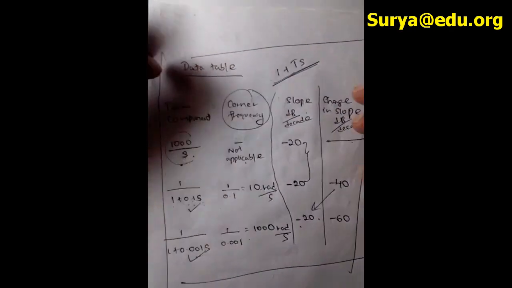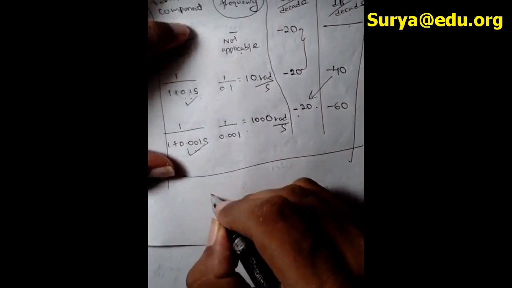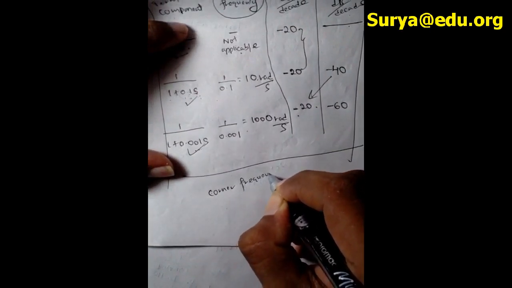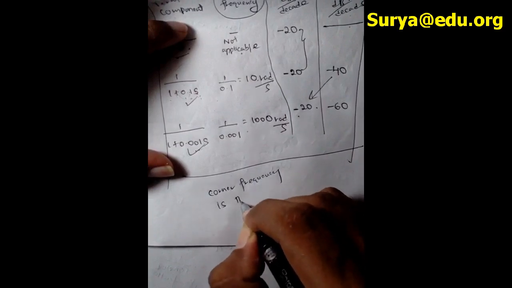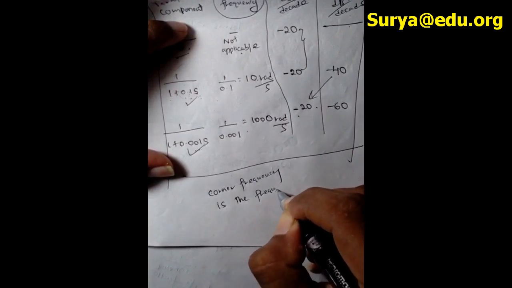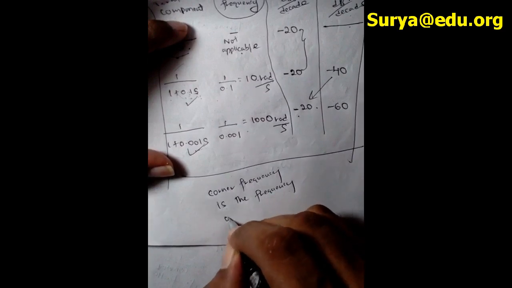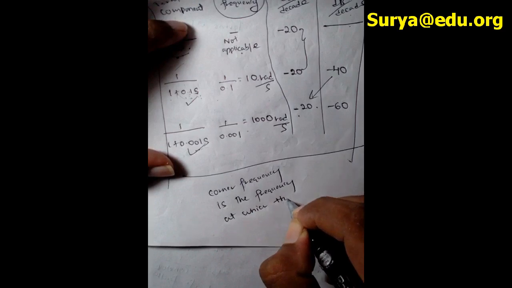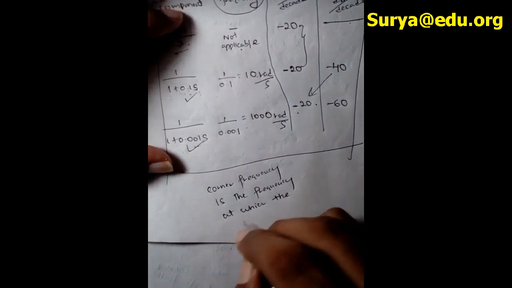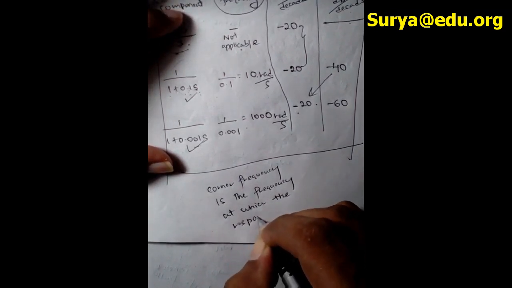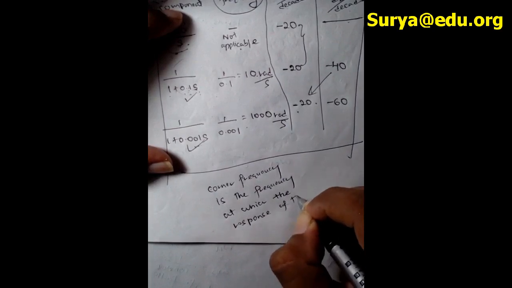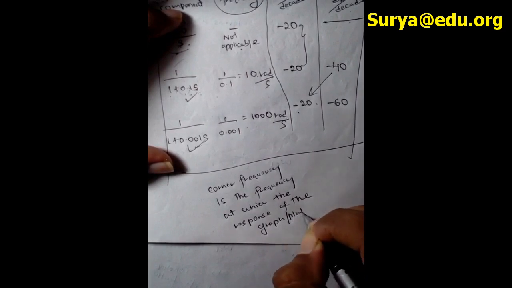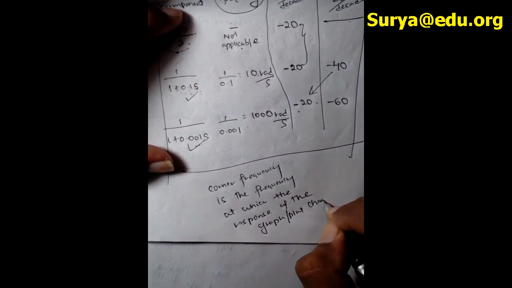Corner frequency is the frequency at which the response of the graph or the plot changes.